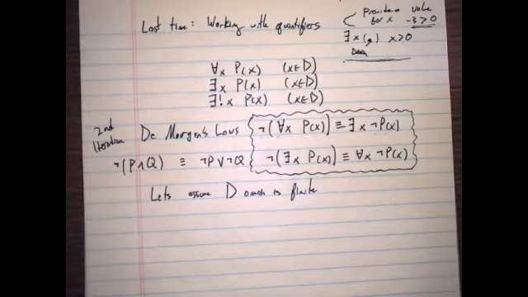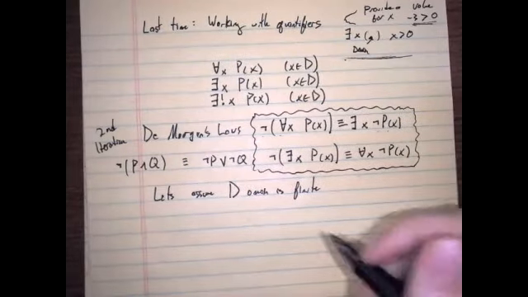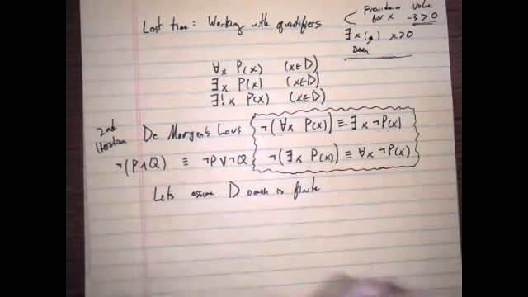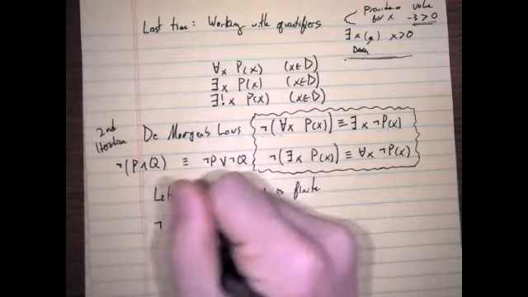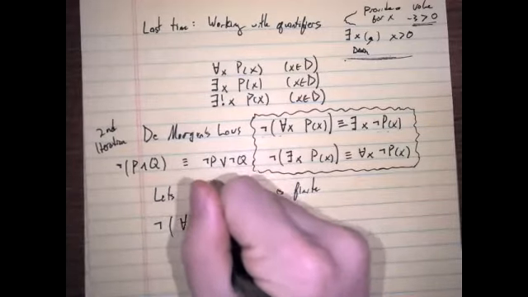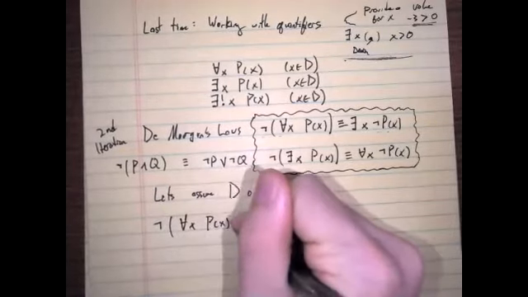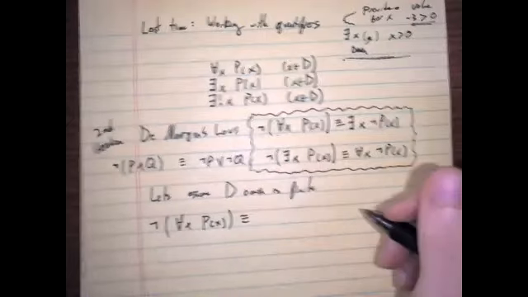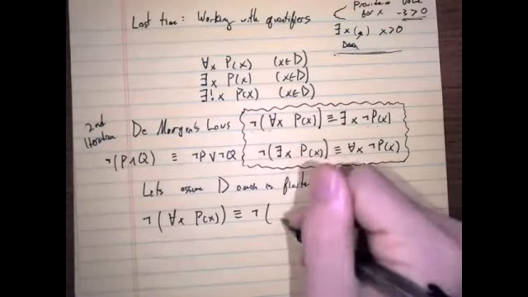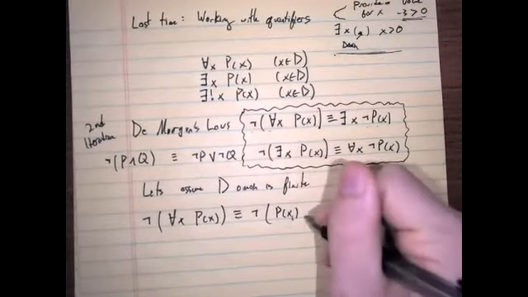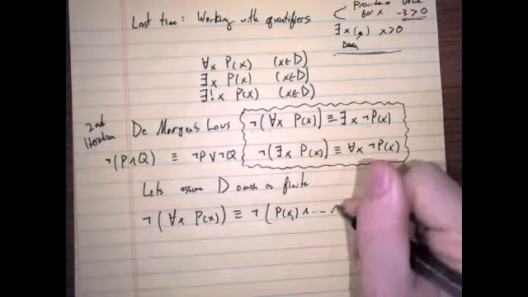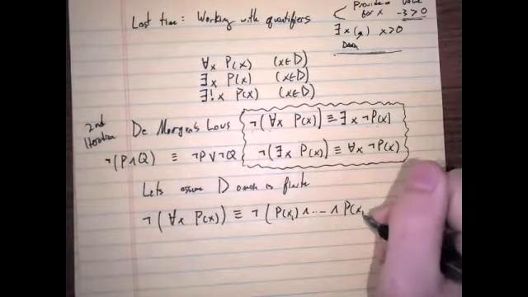P of x1 and P of x2. Right, exactly. So if we assume the domain is finite, then the negation of for all x P of x can be written as the negation of P of x1 and ... P of xk.